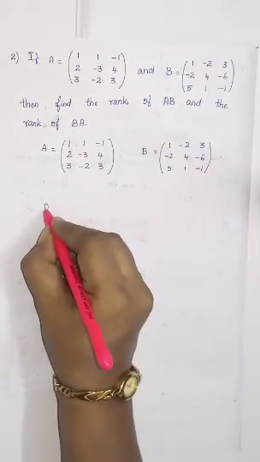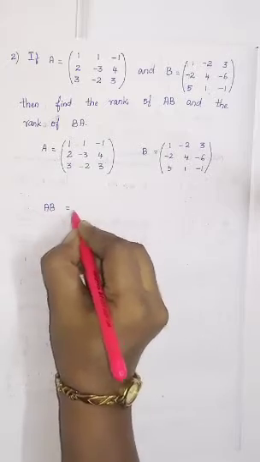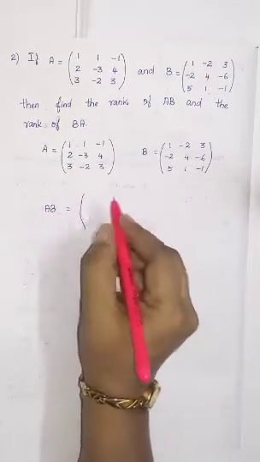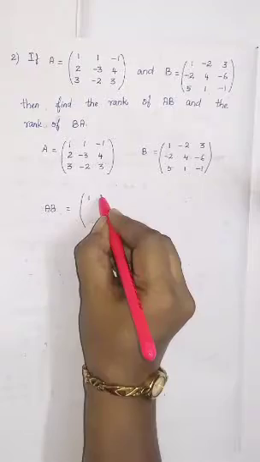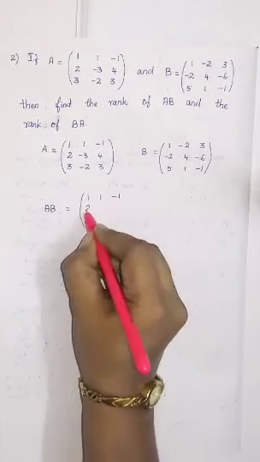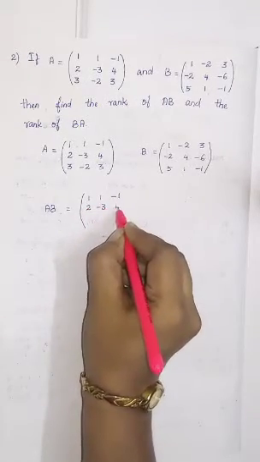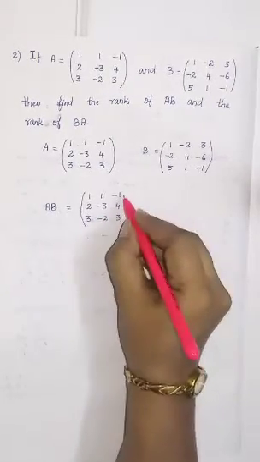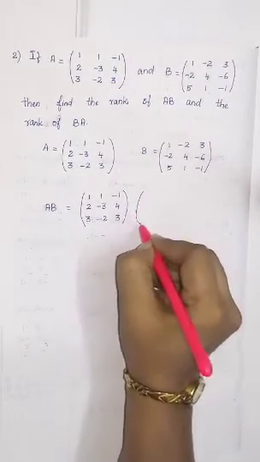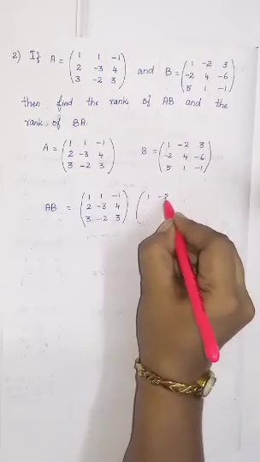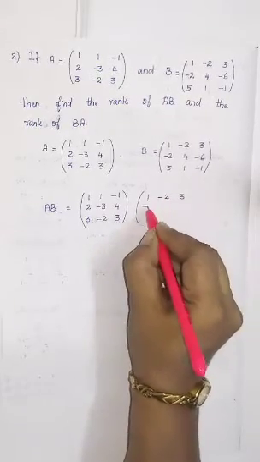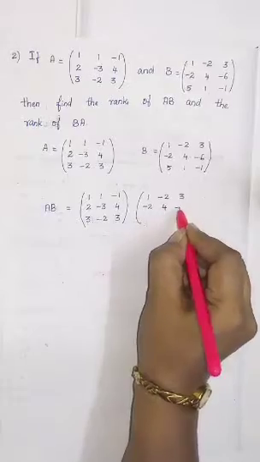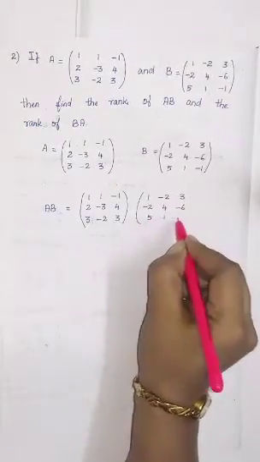So multiplication of two matrices, that is AB. So we'll just write A and B together. 1, 1, minus 1, 2, minus 3, 4, 3, minus 2, 3, into your B now. 1, minus 2, 3, minus 2, 4, minus 6, 5, 1, minus 1.